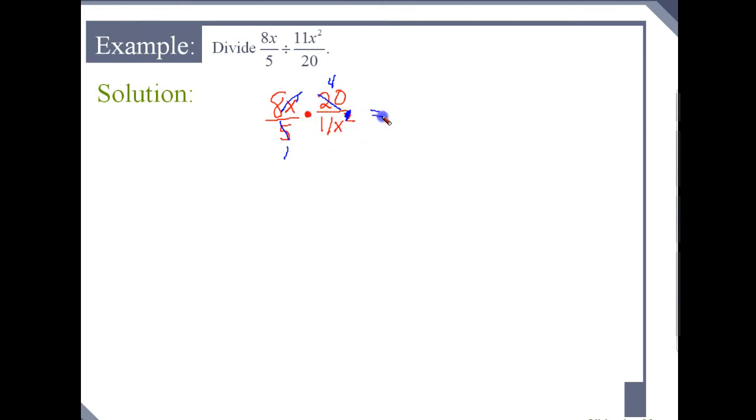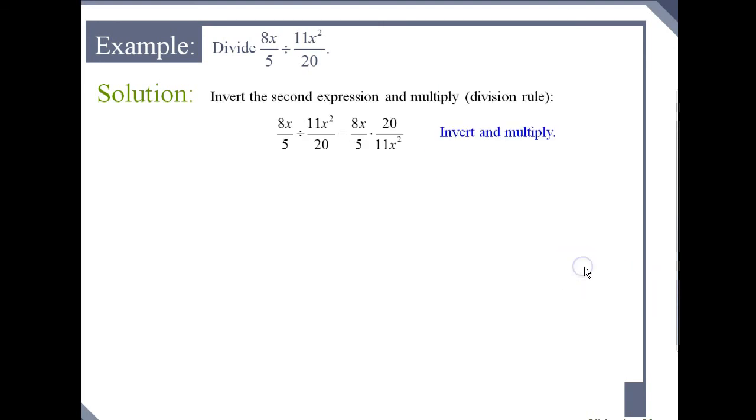So notice there's no more canceling, so we go 8 times 4 is 32 over 1 times 11x. If you couldn't cancel out any more, this is at its simplest form. They do cancel, they're not showing you that, but I did.